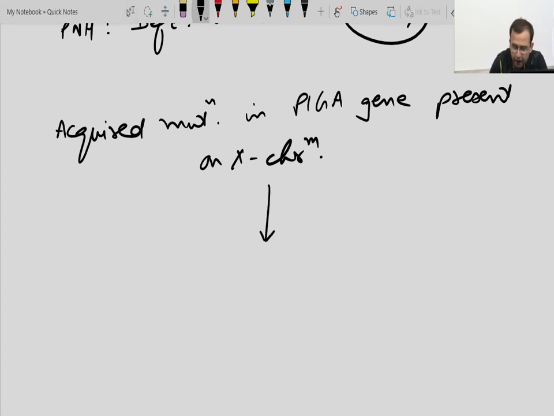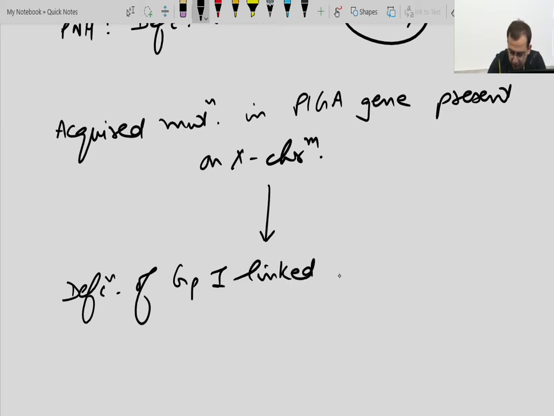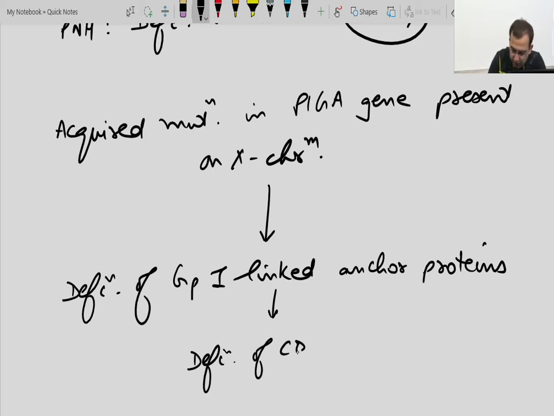Because of this acquired mutation, there is deficiency of GPI-linked anchor proteins. There are numerous GPI-linked anchor proteins. The pathologically important ones are the deficiency of CD55 and CD59. This is the pathogenesis of PNH.